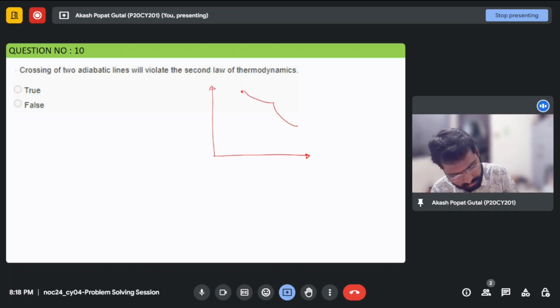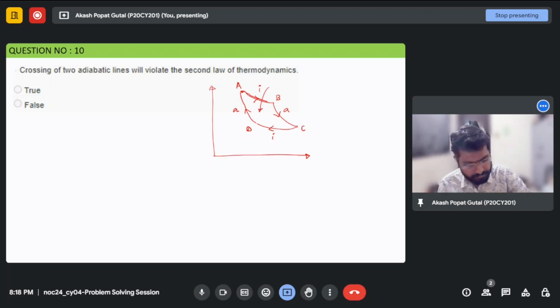Crossing means eliminating. So we know the Carnot cycle. We have isothermal process here, adiabatic process here, isothermal process here, adiabatic process here. So this is isothermal expansion. In isothermal expansion, the heat will be getting inside of the cycle, and in C to D, the isothermal compression, heat will be rejected from the system.